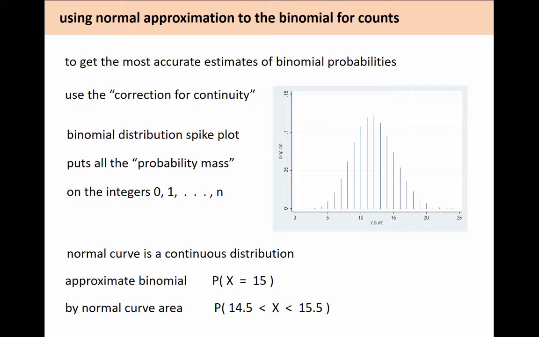So in applying the normal approximation to the binomial, we're going to approximate the binomial probability x equal 15 by a normal curve area between 14.5 and 15.5. And if we do that, we're going to get a number that's not 0, which is going to line up better than if we don't.